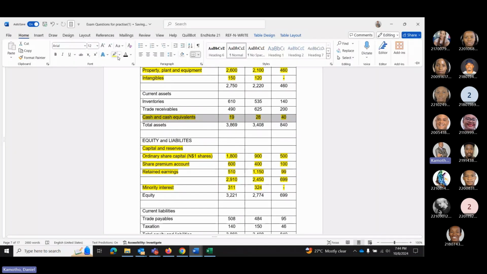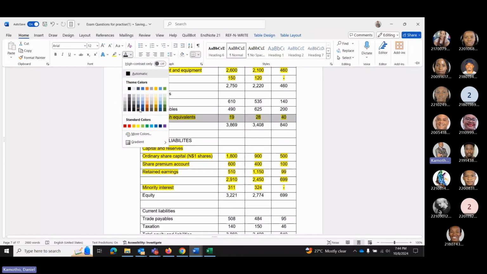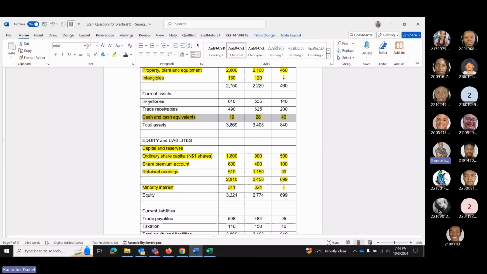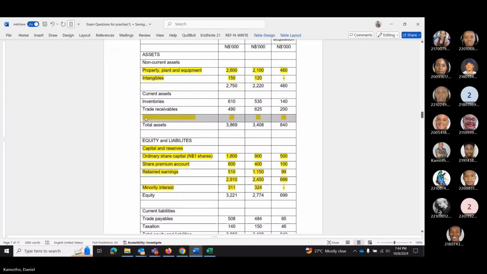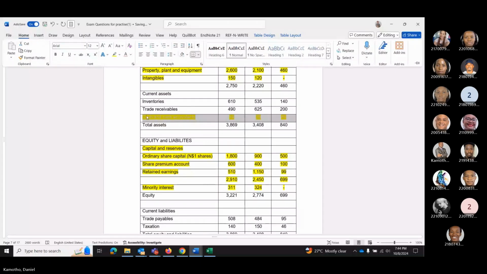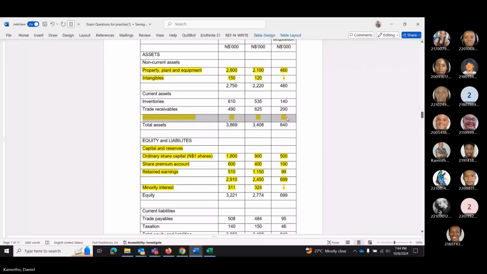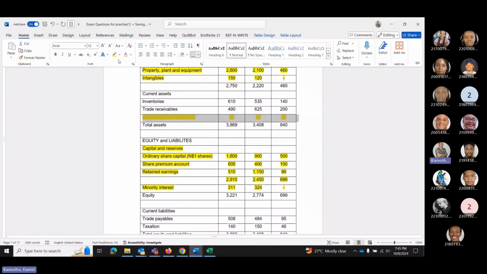Those are separate figures. Okay, and I don't want any colors. So we have inventory and trade receivable, and in the current liability, we have trade payable and tax.